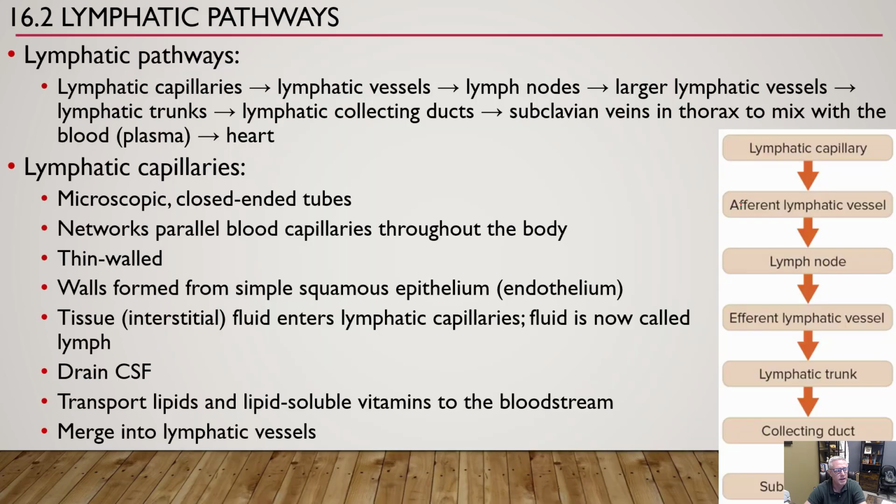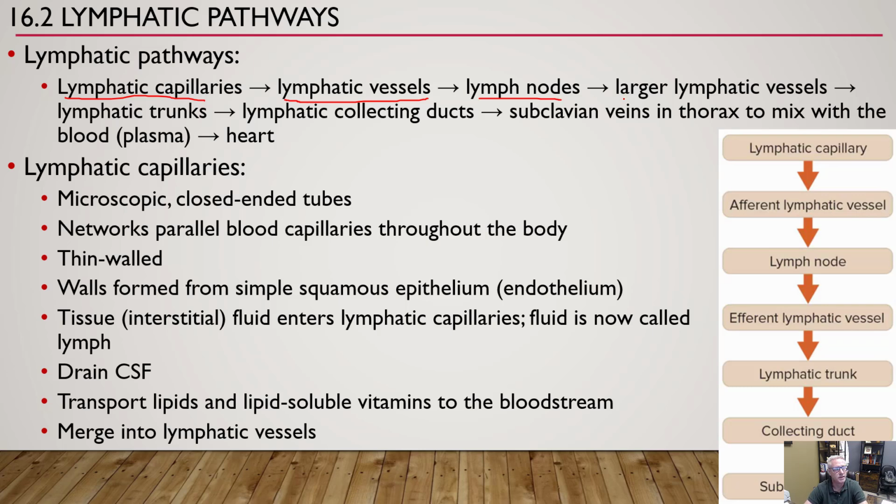Once that fluid goes into the lymphatic capillaries, it'll go into larger structures called lymphatic vessels, and then they're going to merge into lymph nodes, which is what you feel when you have an infection and swollen lymph nodes.